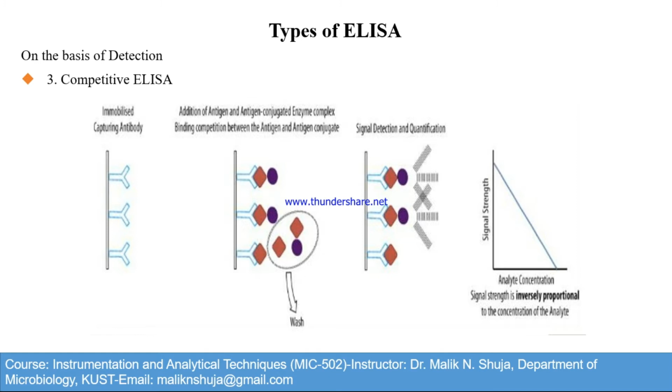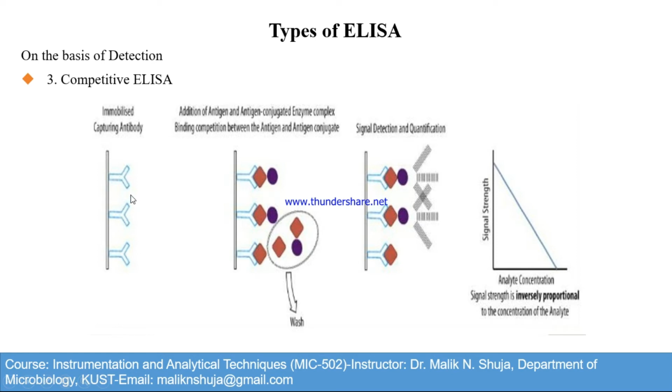This ELISA is predominantly used to measure the concentration of an antigen or an antibody in a sample by detecting interference in an expected signal output. If antigens are more in the reaction, then signal strength will be reduced. So this indicates inverse proportionality.